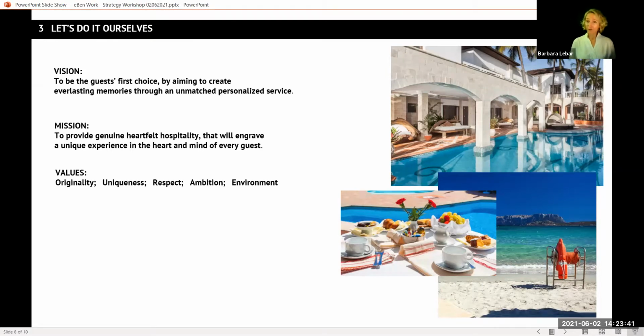Now, which values the company has, and we hope that people are really living them. So they say we are original, so originality, original in every aspect, in the way we serve, in the way we approach the client, in the way we approach the market. We are unique, so we want to be unique. Again, think about uniqueness in all aspects.